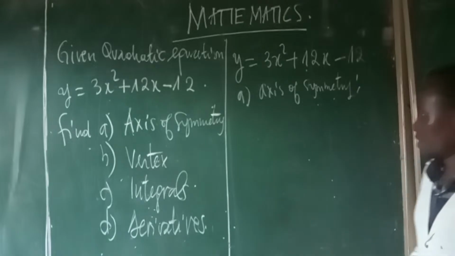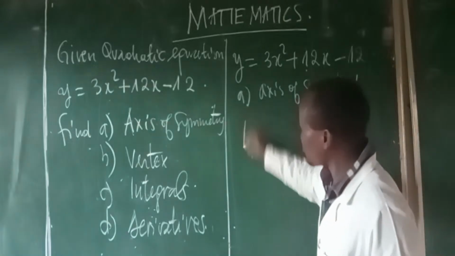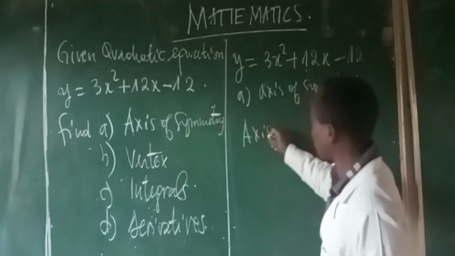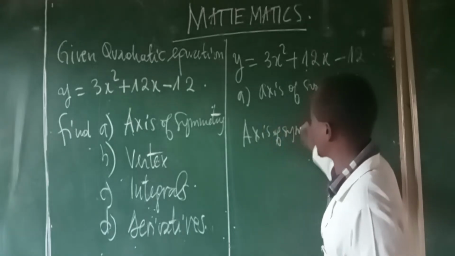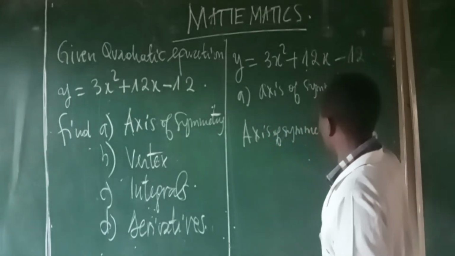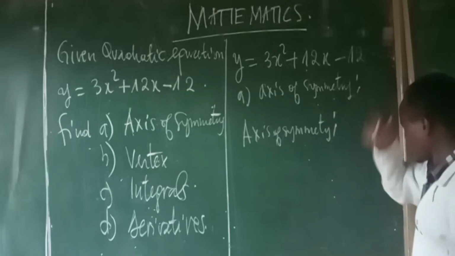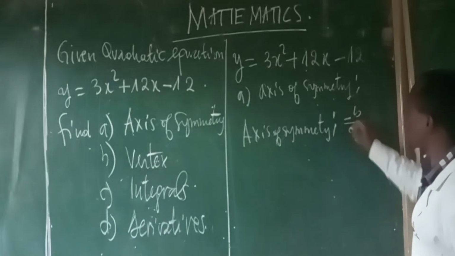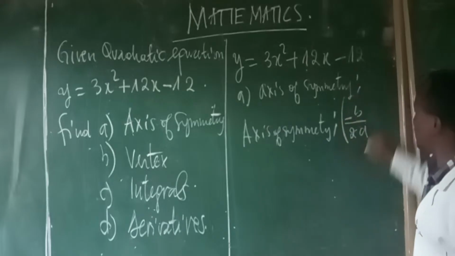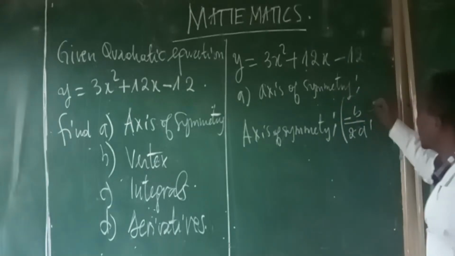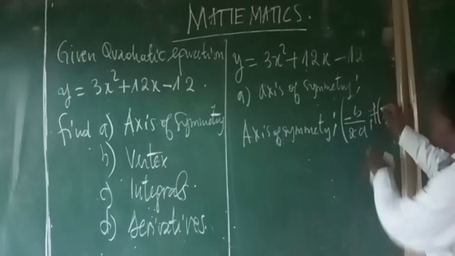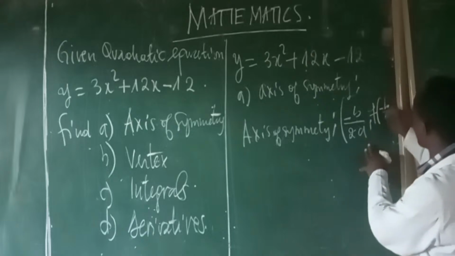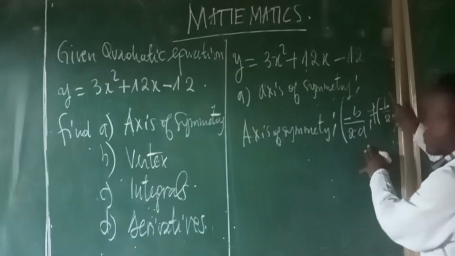So now let us continue by showing you a formula, right? Axis of symmetry: this is minus b over 2a, open bracket, point, f of minus b over 2a. You have to close this one.